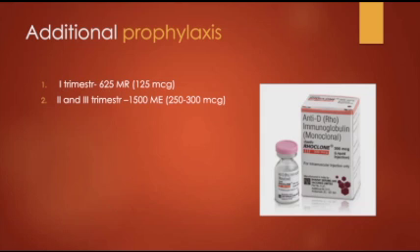If a woman gets, for example, trauma and we face bleeding, we can do additional prophylaxis. If the additional prophylaxis was done, at 28 weeks of gestation we still need to do our prophylaxis of anti-D immunoglobulin.